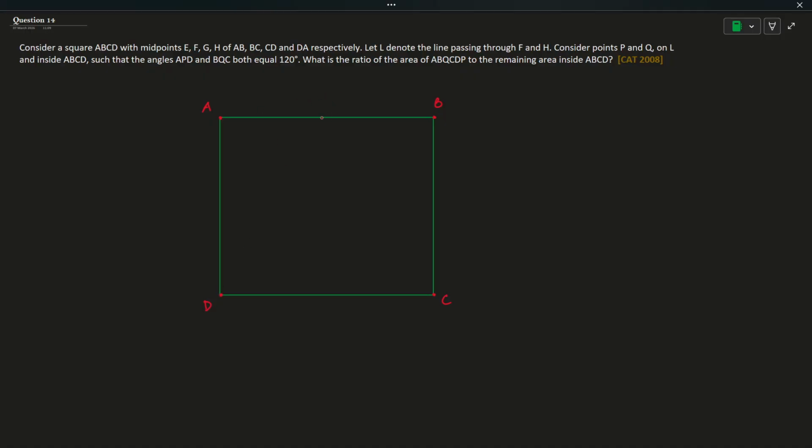So E is a midpoint, and it is on AB. So this is E. Then I have F, which is on BC.